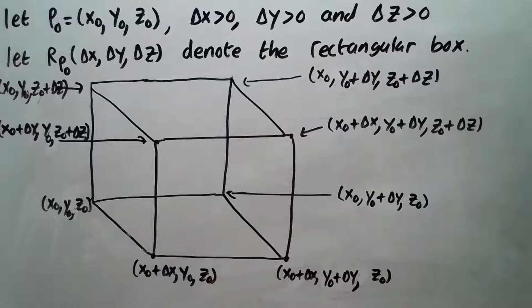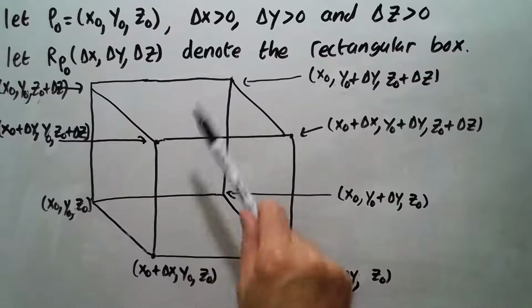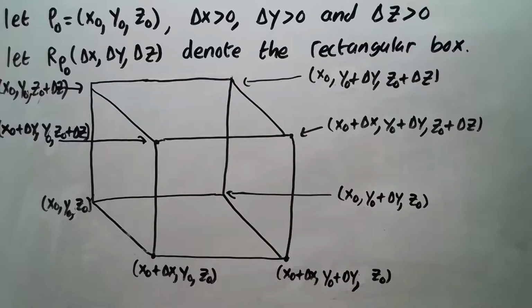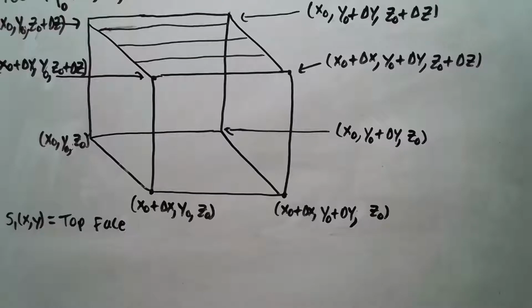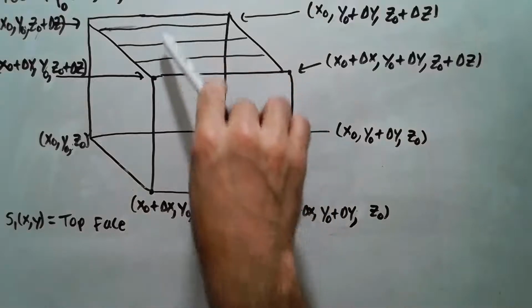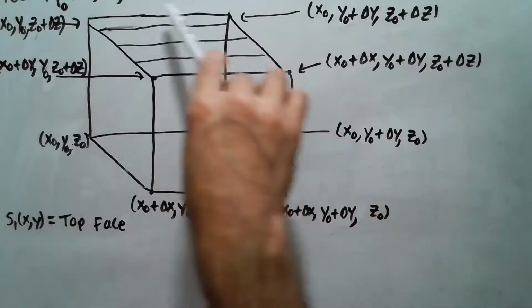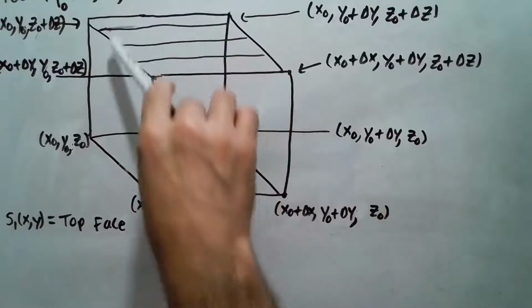Now I'm going to label the faces of this. So let me make some assignments here for the faces. Okay, so I'm going to let S1 of x, y equal the top face up here. So I want to parameterize now the top face.